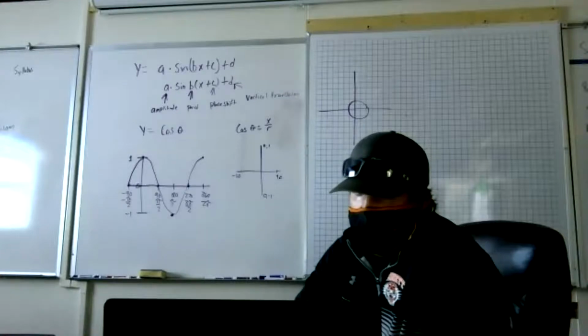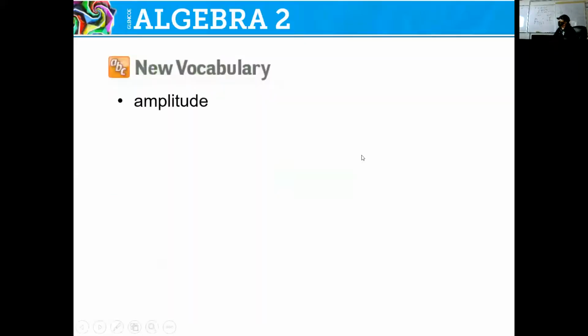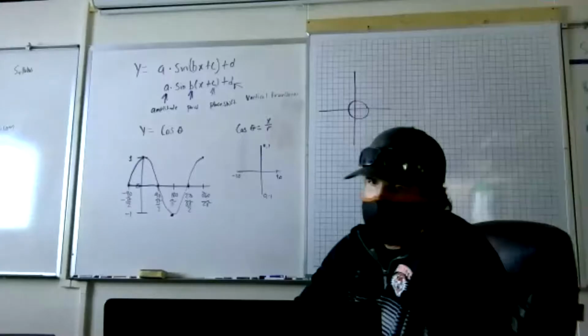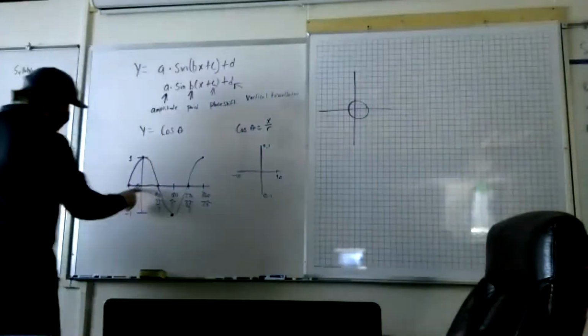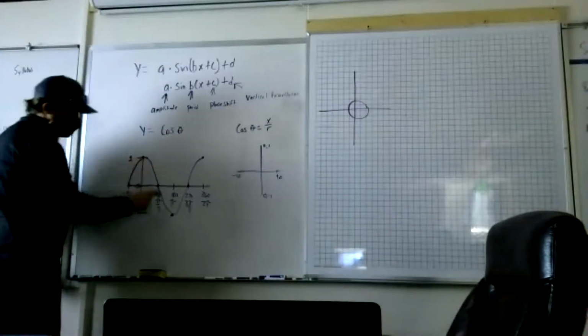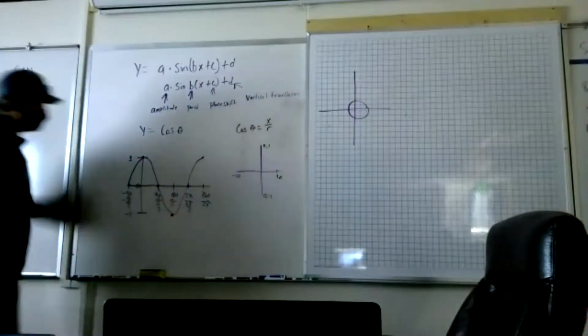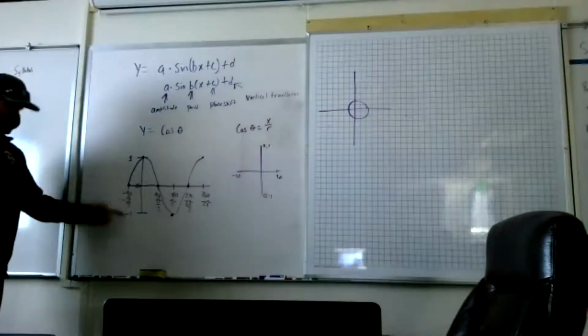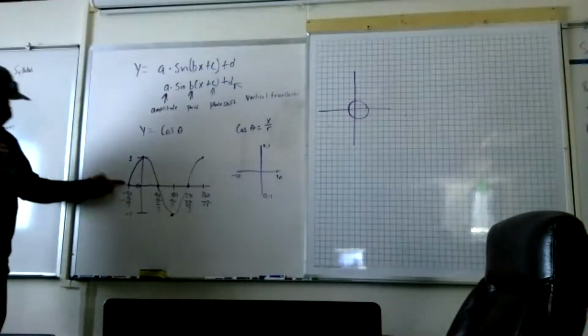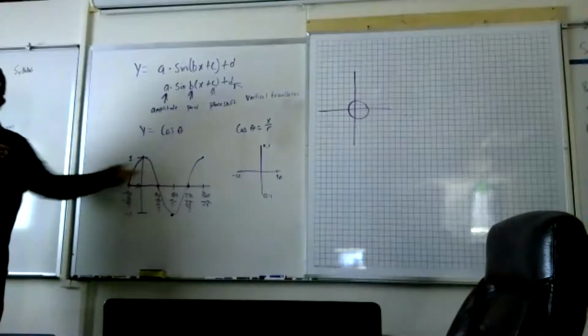All right. So how do these relate to the new vocabulary that you're going to have? The first one is amplitude. Amplitude is the distance from the midline to its maximum or minimum. You can see the maximum here is at 1. The minimum's at negative 1. The midline splits those exactly.